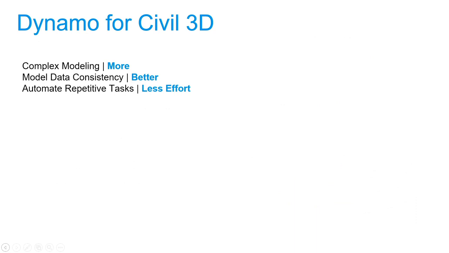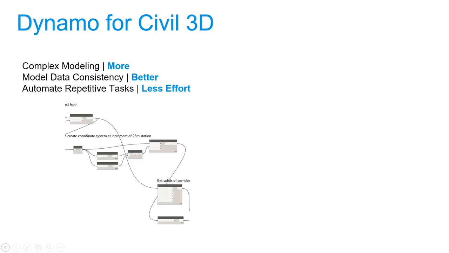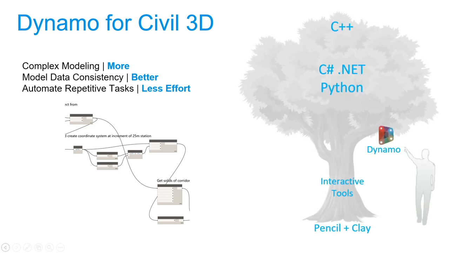So Dynamo is perfect with the Autodesk vision, or let's say mission. We want to do more of the complex modeling. We want to have better design, better consistency, and definitely do that with less effort and less time. So Dynamo, using these simple scripts, is allowing us to do all that. And Dynamo is called within the Autodesk environment a low-hanging fruit.